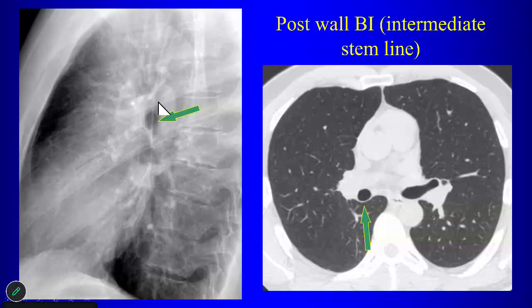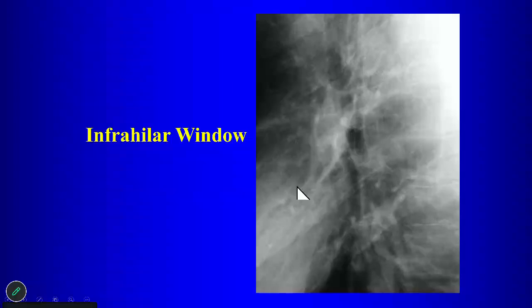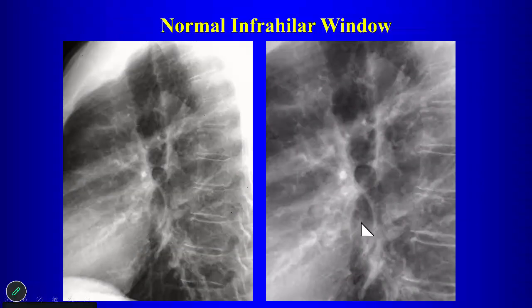So on a well-taken lateral view, you will see the posterior wall of the bronchus intermedius projecting over the left upper lobe bronchus. As we've said, there's vascularity all the way around it, but there's this bare area underneath. That is called the infrahilar window. Right, so normal infrahilar window here underneath that left upper lobe bronchus.